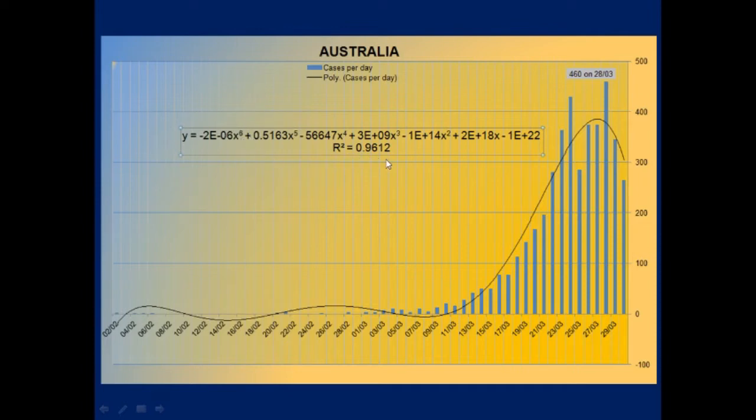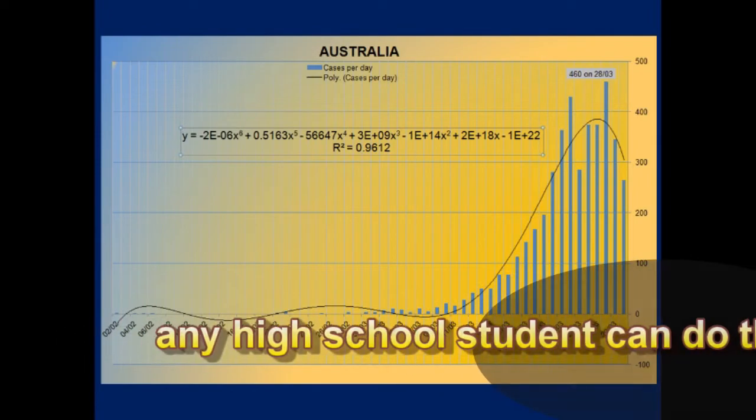It seems like maybe it's going to reduce, but this is only an approximation by a polynomial of degree 6, and the regression R squared is about 0.96 or 96%. Fitting the curve on a chart is actually easily done by any high school calculus students. It's pretty standard, it's pretty easy for them to do.